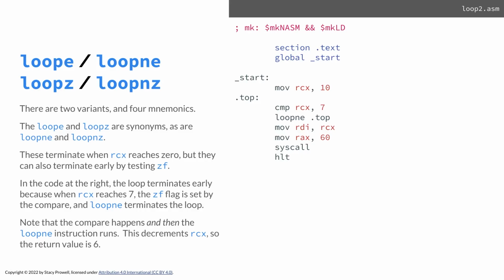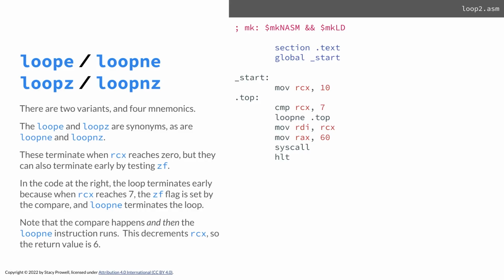So in the code over here, the loop terminates early. When RCX reaches 7, this comparison will result in 0, and this loop NE won't branch, it will fall through and go out. So RCX did not reach 0 for that. We terminated early.